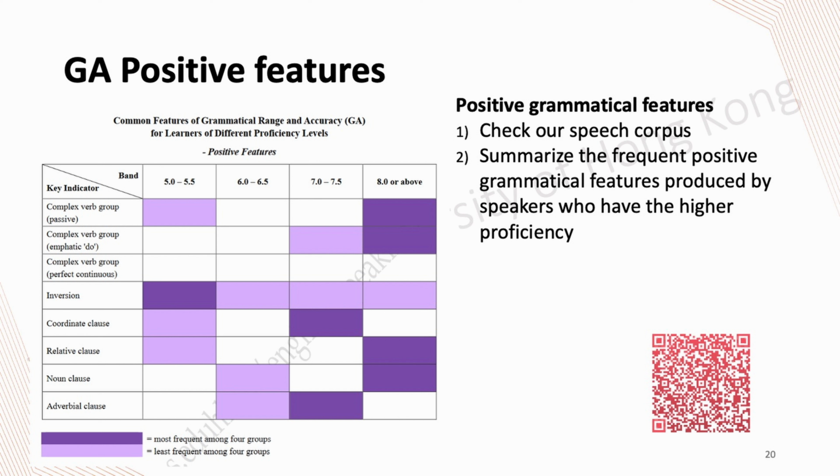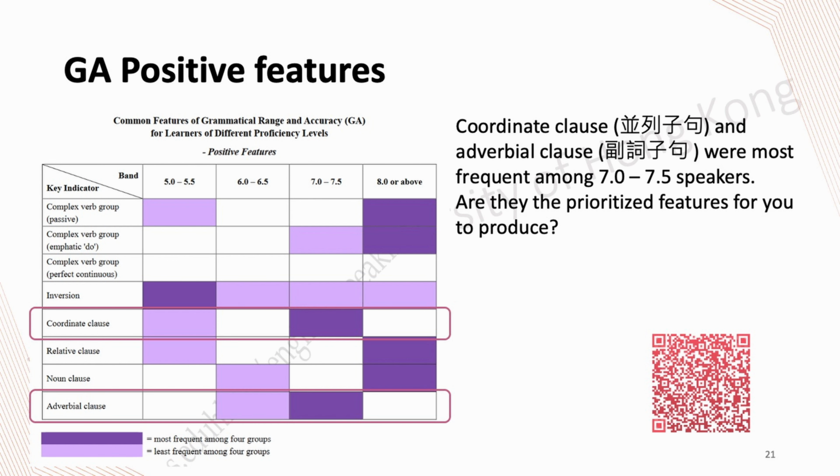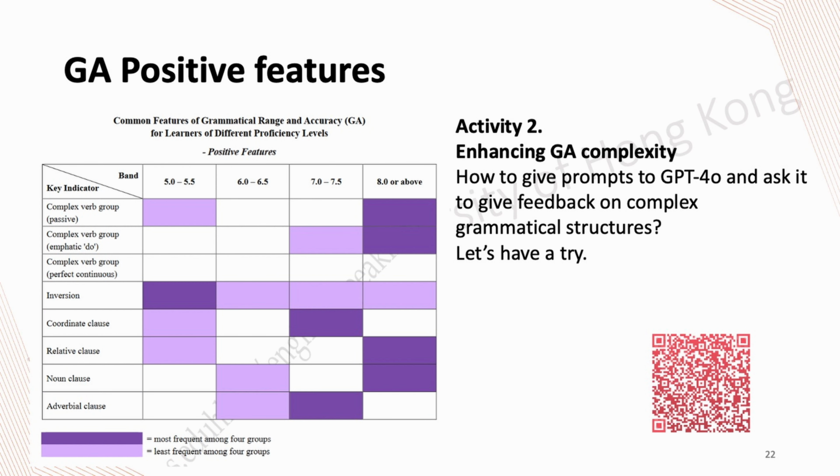Again, we have summarized the frequent grammatical positive features found in our speech corpus and categorized them according to their IELTS speaking band score. If you are targeting at the band 7 or 7.5 level, perhaps you should pay more attention to the use of coordinate clause and adverbial clause. So, how to give prompts to GPT-4o and ask it to give feedback on complex grammatical structures.